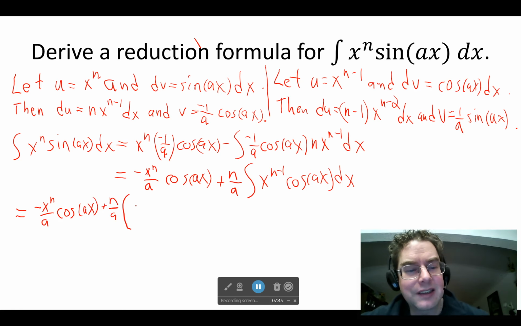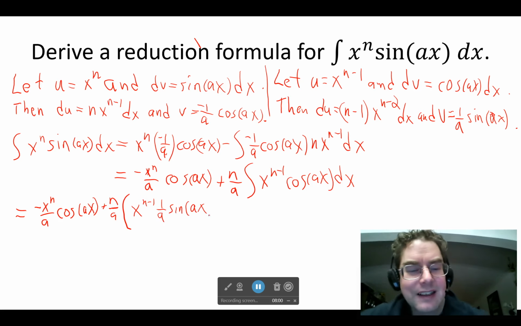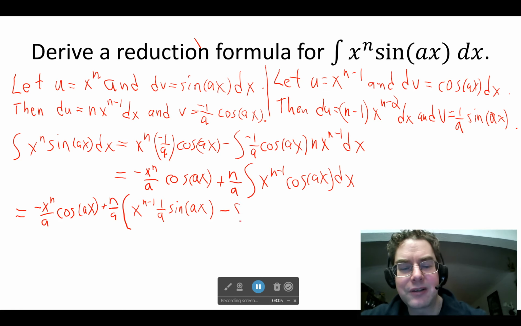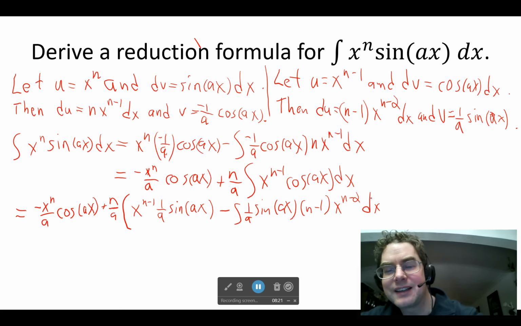And now we get uv, so x to the n minus 1, v is 1 over a sine ax, and then minus the integral of v, 1 over a sine ax, du is n minus 1 x to the n minus 2 dx. Okay.